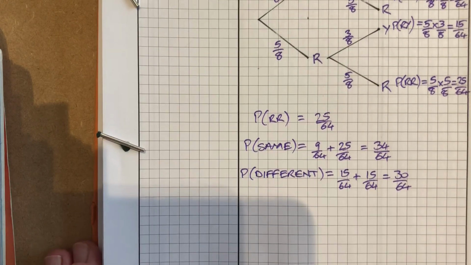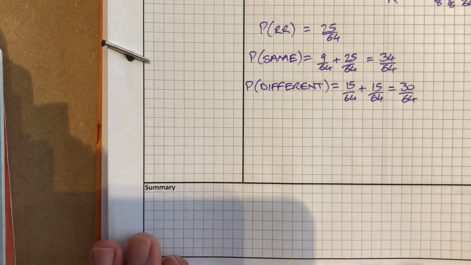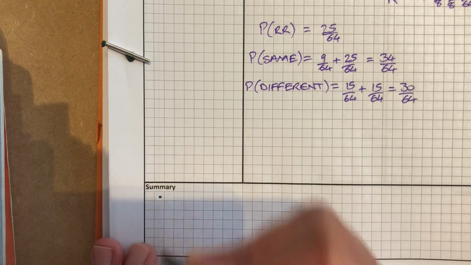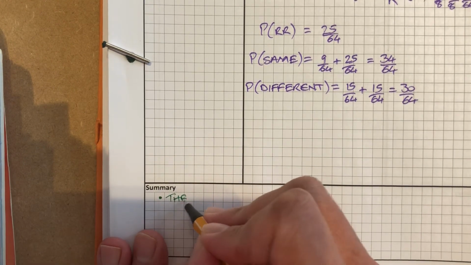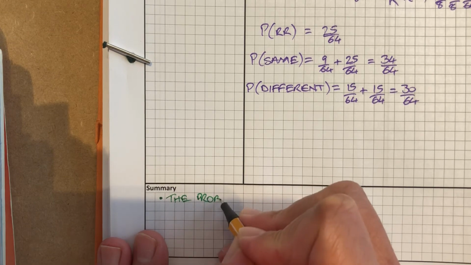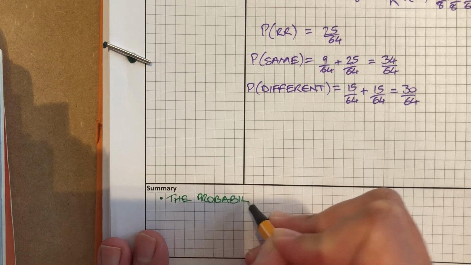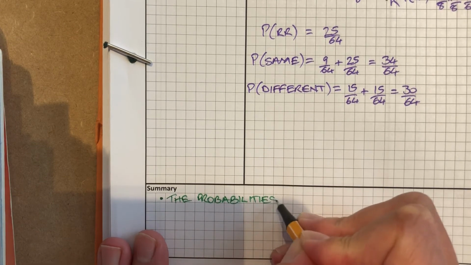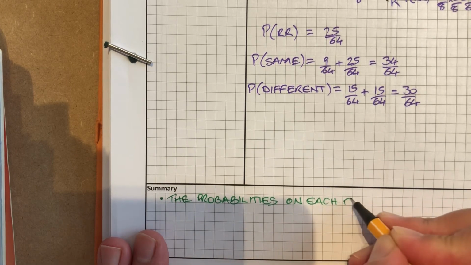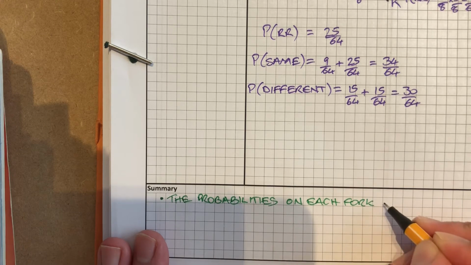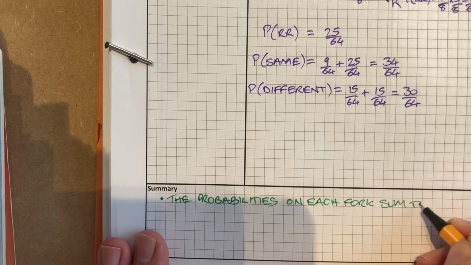All right. What would we say in our summary? Well, first of all, that the probabilities on each fork add up to 1.